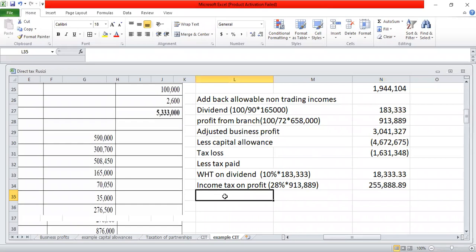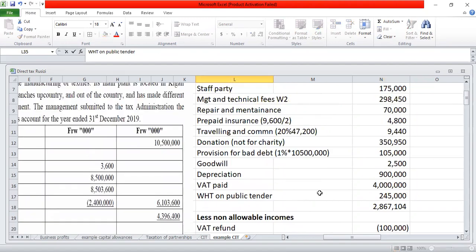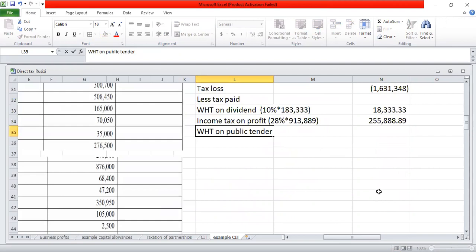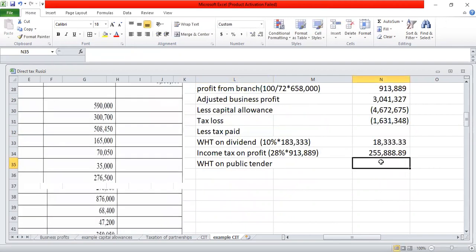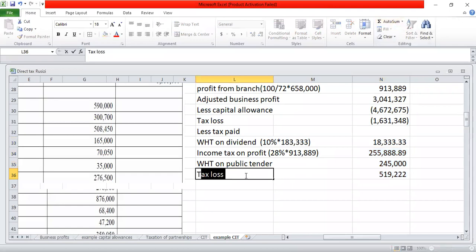Then I have withholding tax on public tender. On public tender, I think we got how much it was. We considered it somewhere, 245. So tax claimable. These are going to be the tax claimable.